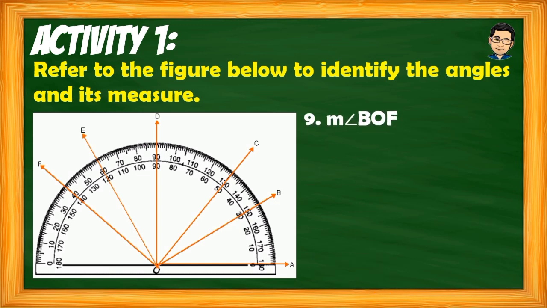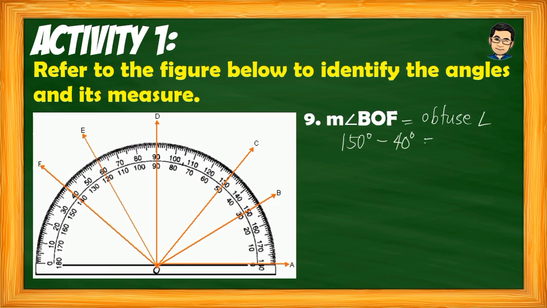And then last one po, 9 and 10, the measure of BOF. Okay. So again, kung titignan natin ng BOF, hindi po siya acute angle. Isa po siyang obtuse angle. So, obtuse angle. Okay, BOF. So, pwede natin kunin as 150 degrees minus 40 degrees.